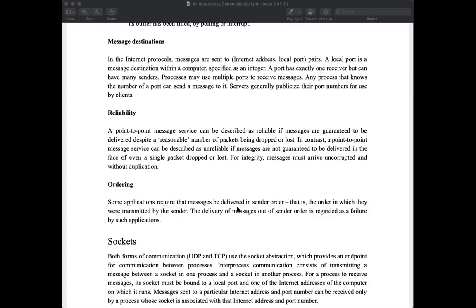In such cases, interprocess communication should provide reliability. In between the communication, there can be situations where a message is dropped or lost, right?